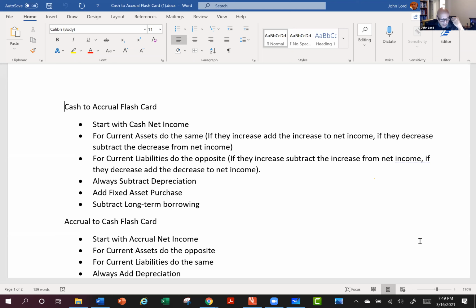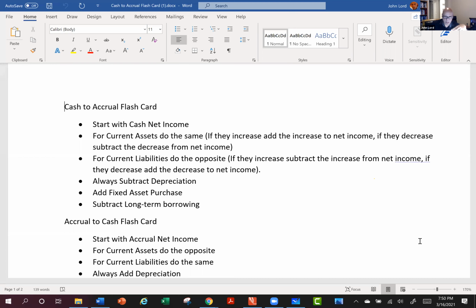Okay. For current liabilities, do the opposite. If the current liability increases, subtract the increase from net income. If the current liability decreases, add the decrease to net income. Do the opposite. Okay. They will give you depreciation in the questions. Always subtract depreciation.